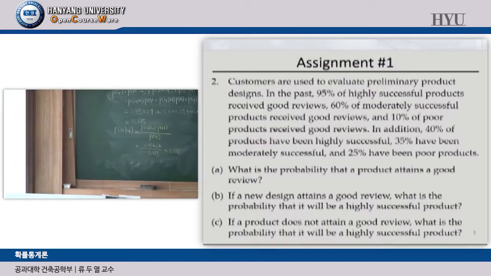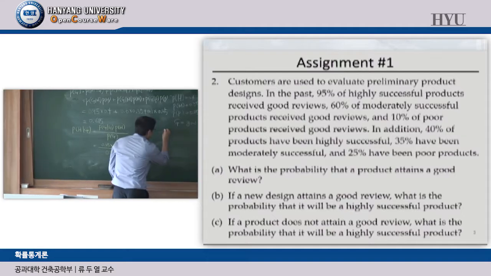And this is the third question. If a product does not attain a good review, what is the probability that it will be a highly successful product? This is also the conditional probability, right? For this case, we have to calculate the conditional probability of H given the complement of G. Why?